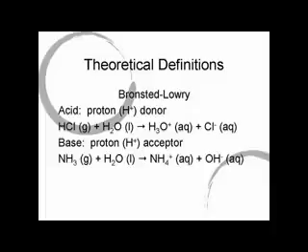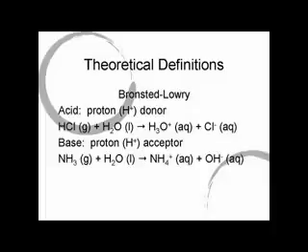A base is then a proton acceptor. So in our next equation here, NH3 plus H2O becomes NH4 plus and OH minus. In this case, NH3, which we know as ammonia, is the Bronsted-Lowry base, and water is the Bronsted-Lowry acid.